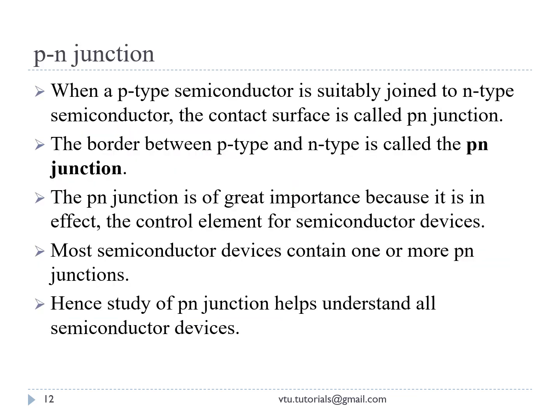When a p-type semiconductor is suitably joined with an n-type semiconductor, the contact surface between these two is called the p-n junction. The p-n junction is of very great importance as it acts as a control element for semiconductor devices.